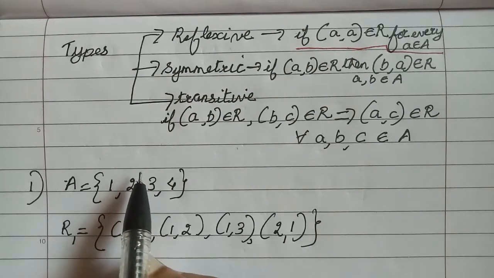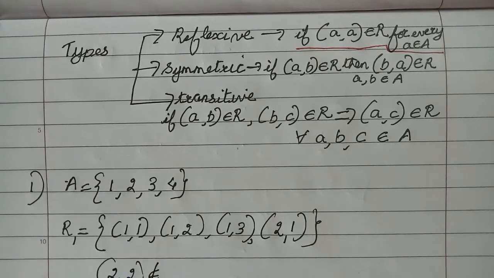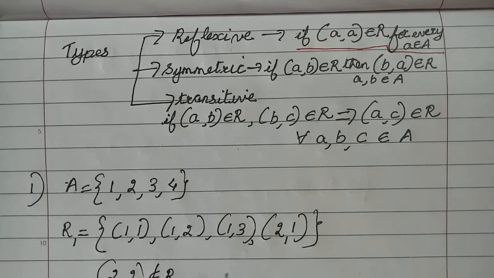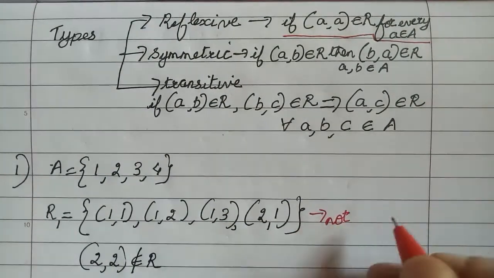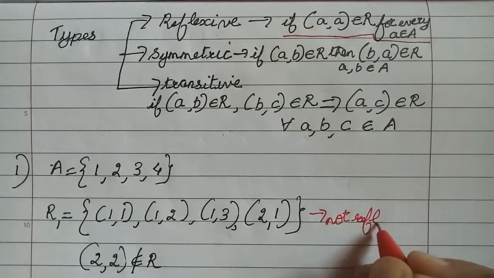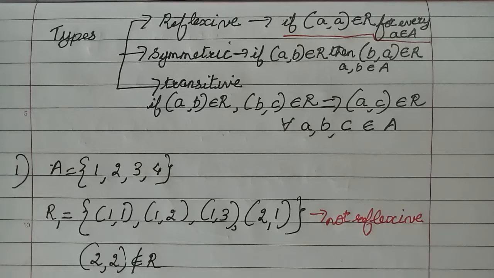If I take 2, (2,2) should be there. But you can see that in our relation, you don't have any element of the type (2,2) belonging to R. So this relation is not reflexive, because if any one of the elements violates the condition, then that condition is not true for the relation.